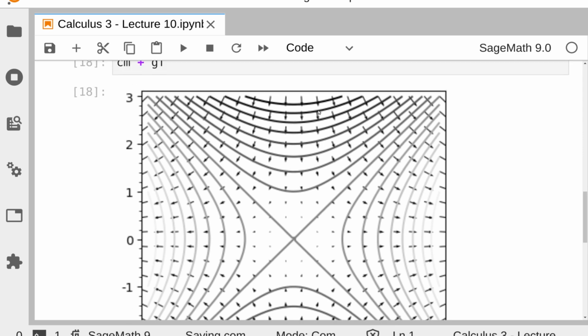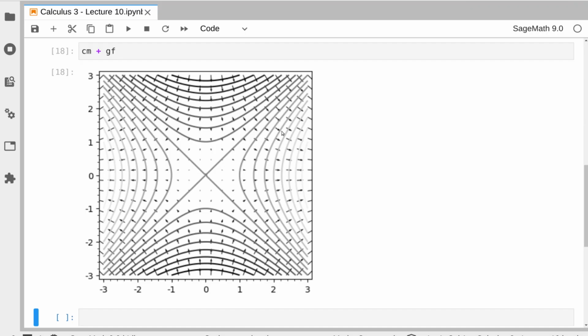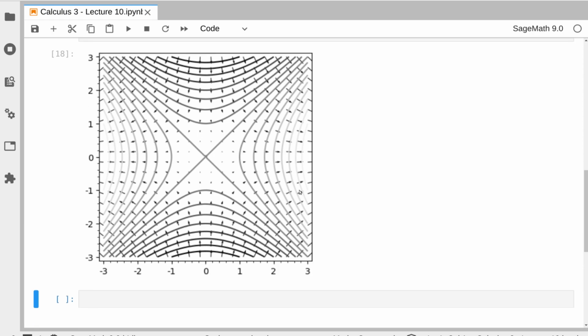It's going to be an exercise for you guys to actually prove that the gradient vectors are orthogonal to the level curves of the surface in the domain, right? The level curves live in the domain and the gradient vectors live in the domain. And together they behave in this way at the same time, right? So they're orthogonal to one another. So the gradient vectors are orthogonal to the level curves.